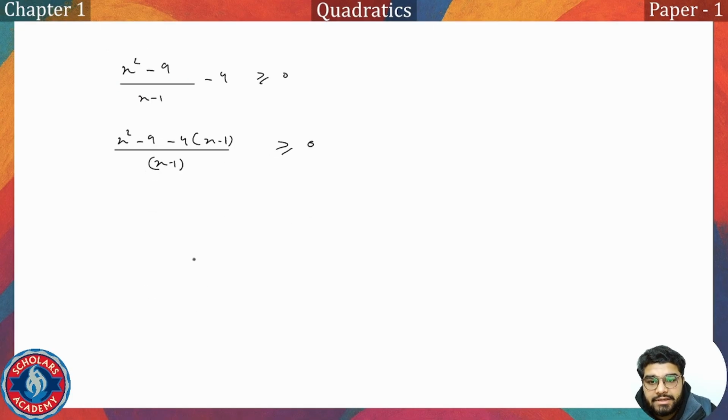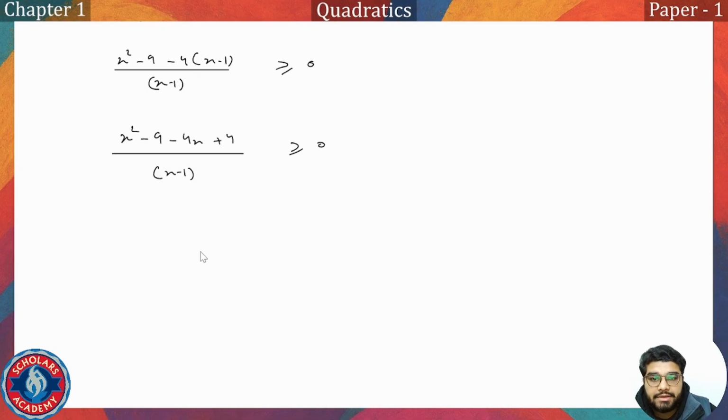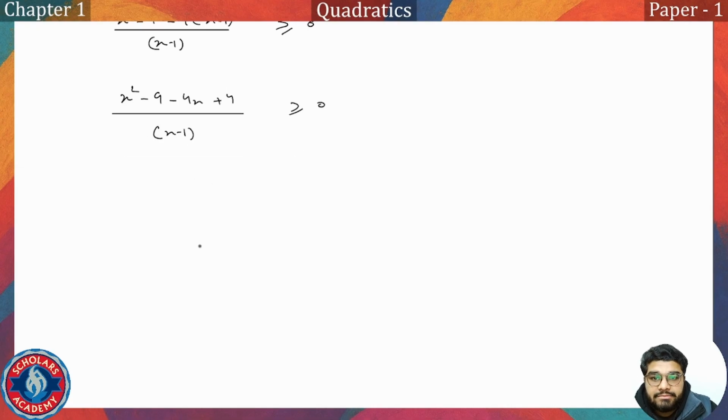Now if I simplify it, I get (x² − 9 − 4x + 4)/(x − 1) ≥ 0, right? Now if I simplify it, what I get is (x² − 4x − 5)/(x − 1) ≥ 0.